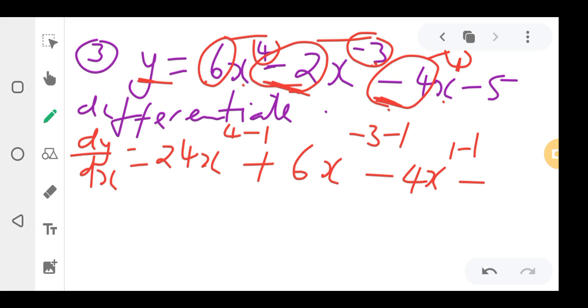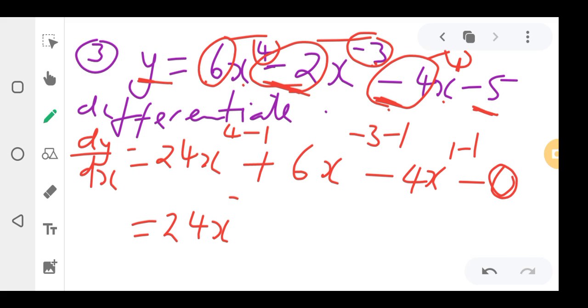When you're differentiating a constant like negative 5, it is 0. Or if you want to, don't even write it. You know, the differentiation of a constant is 0.